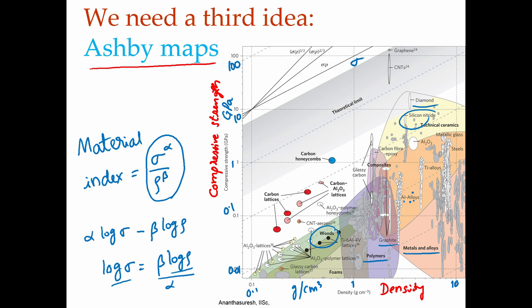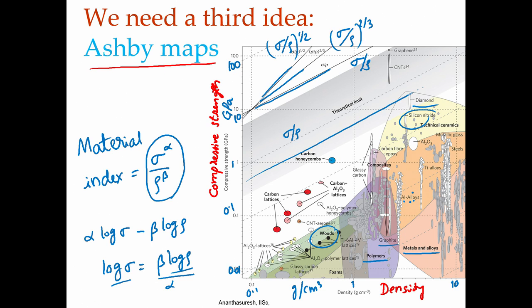So, what you have here, it could be sigma by rho will have one slope and sigma by rho raised to 2 over 3 has another slope, and sigma by rho raised to half is a third slope. So, we have different curves here. So, let us say we take one curve, let us say this is parallel to sigma by rho. So, if I want to maximize sigma by rho, I basically move this line.